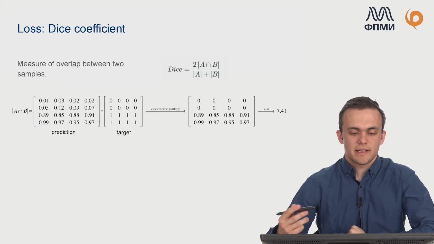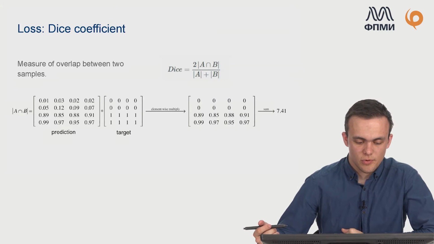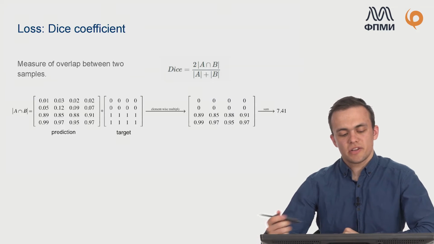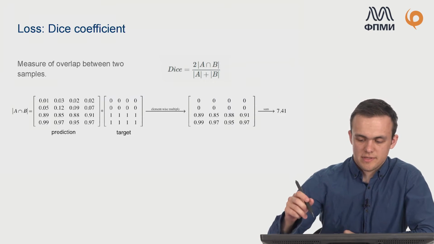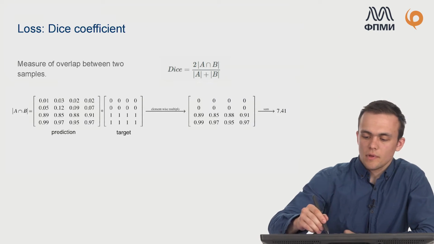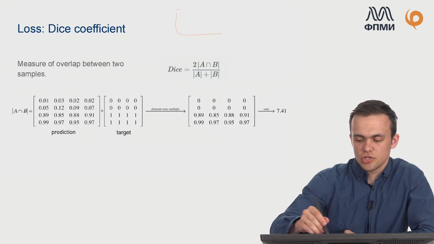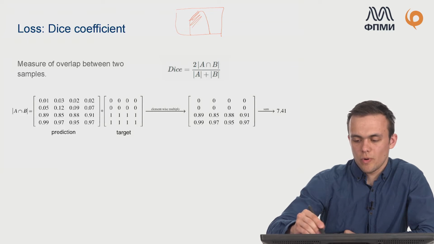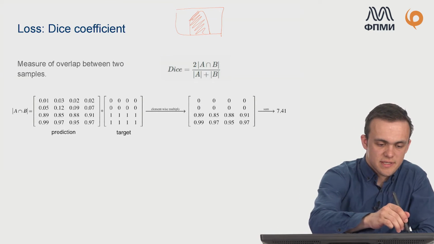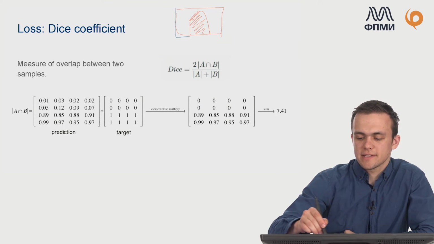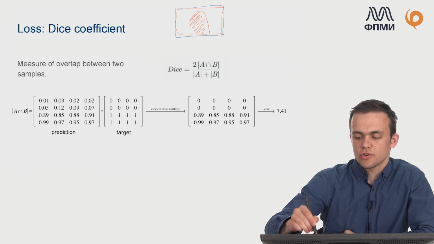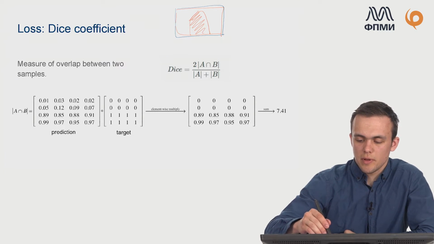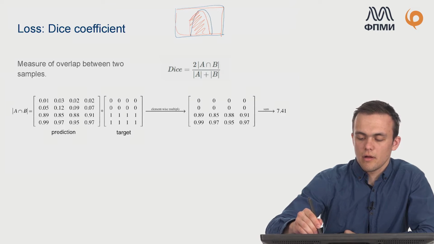It's called the dice coefficient. It's a measure of overlap between two samples. When you have a ground truth image like this, and here is the region where some object is, and our network predicts another picture, I'll just draw it on the top. Our network predicts another object.